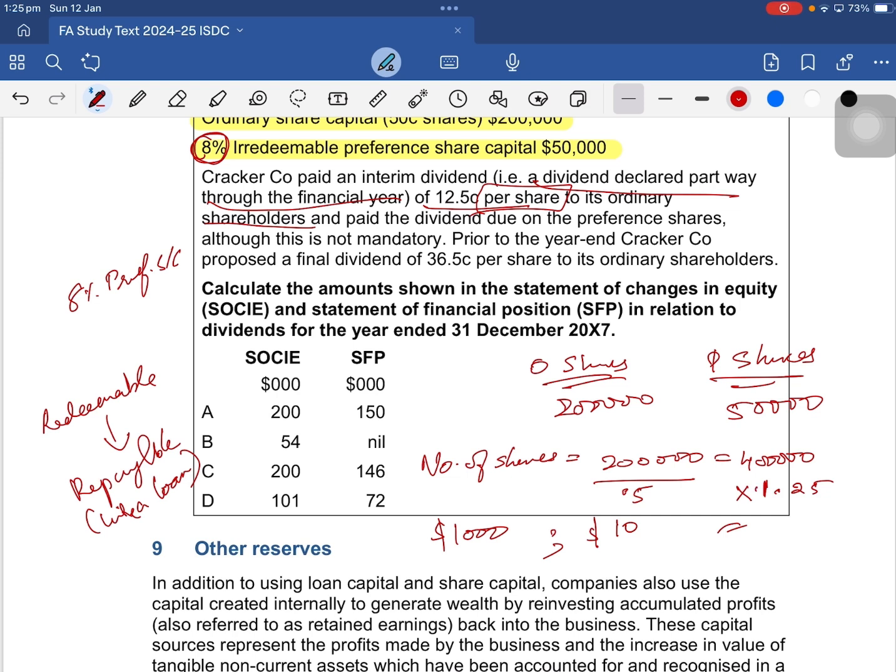Sorry, $0.125. They have told you 12.5 cents per share, right? So that in dollars is how much? 0.125. Clear? So 400,000 shares get a dividend of 0.125, a return of 50,000. Understood? Clear, no?